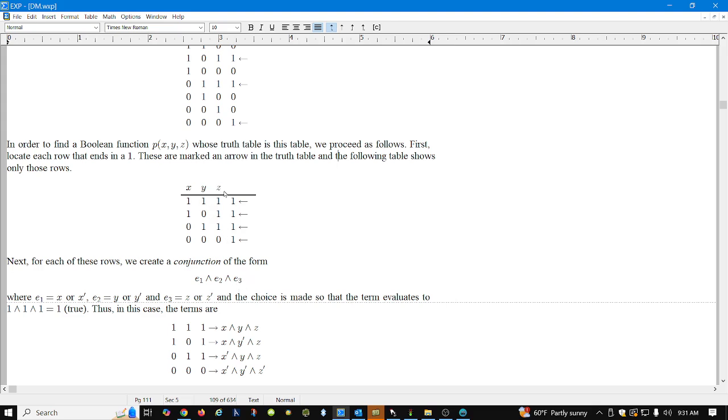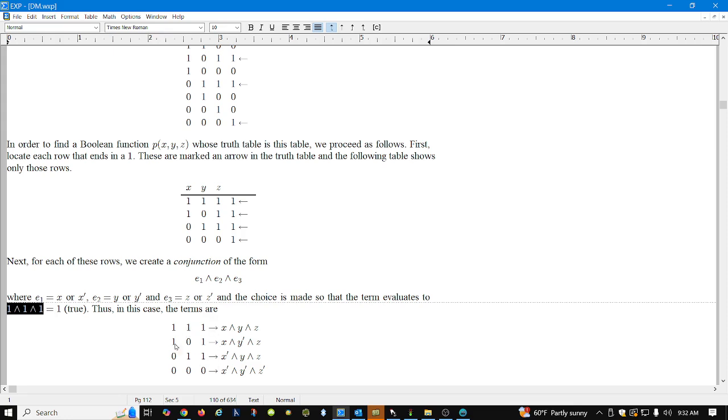E3 will be either z or z prime. And we make those choices in order for the term to be 1, 1, 1. 1 conjoined with 1 conjoined with 1, which is true. We want the term to evaluate to true. So whenever there's a 0, we need to include a prime.